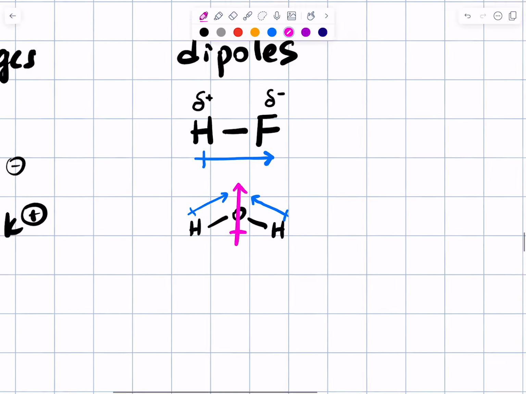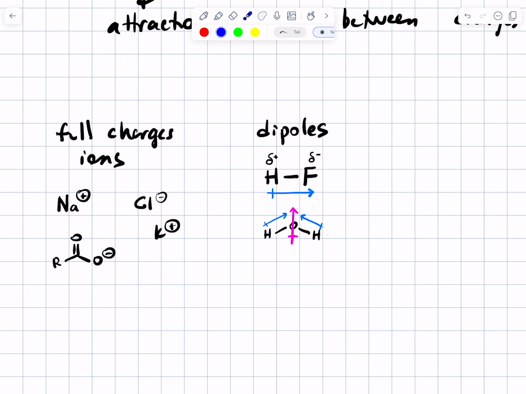But you can see how in the same way that a positive charge might be attracted to a negative charge, you could have the negative end of a dipole attracted to a positively charged ion, right? Or you could have the negative end of a dipole attracted to the positive end of another dipole. This is what I mean by mix and match. You maybe were taught there's ion-ion interactions, there's dipole-dipole interactions.